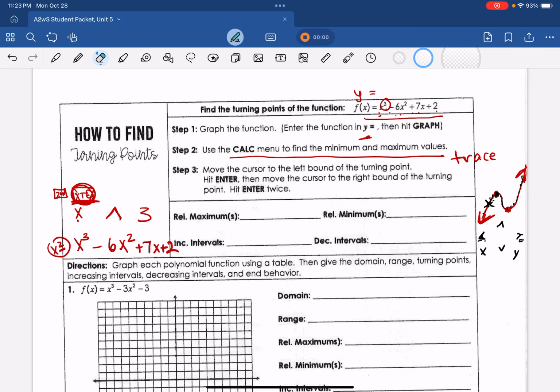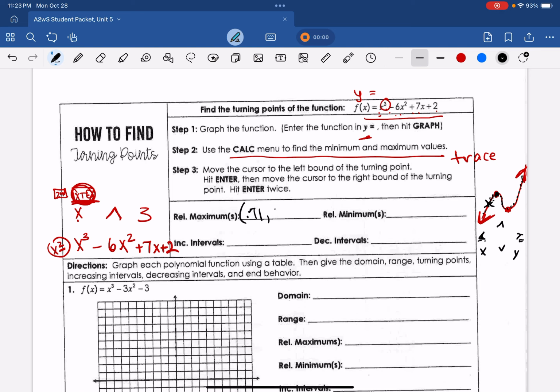So our relative maximum is going to be like 0.71. Anything close, okay? It's not quite accurate, but there's such small decimal numbers, I'm not too worried about it. So we're just going to round to the nearest hundredths place.